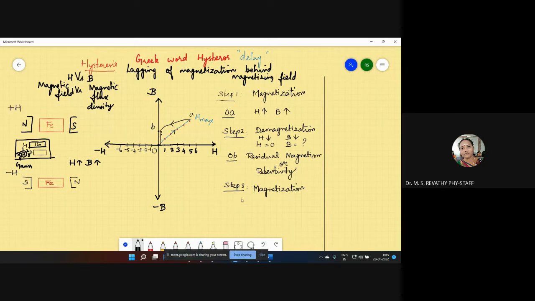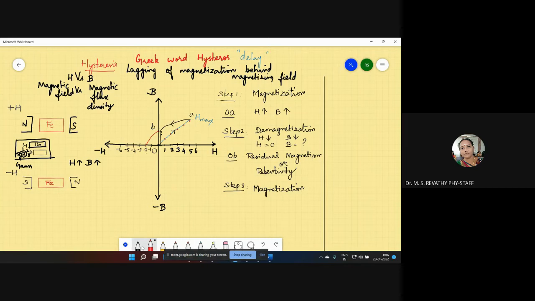So what happens now? As I increase the magnetic field, this retentivity tries to reduce. So this can be indicated here. It reaches a point minus 2 on the x-axis, which is the negative magnetic field which I have applied.